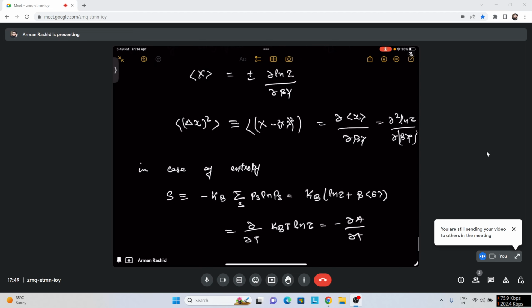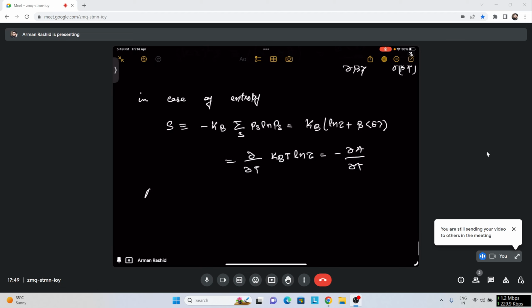We also know that A is given by U minus TS, but here U is the expectation value of E, that is total energy.